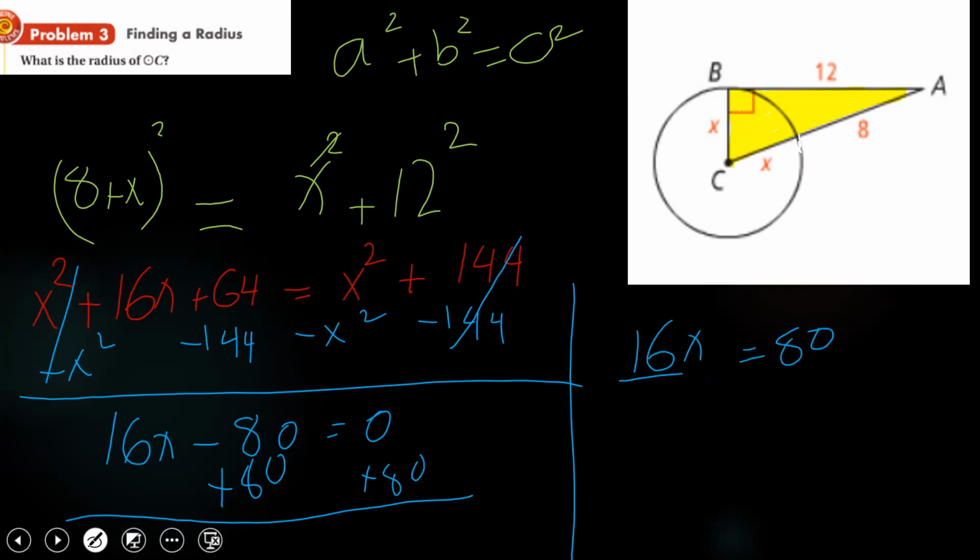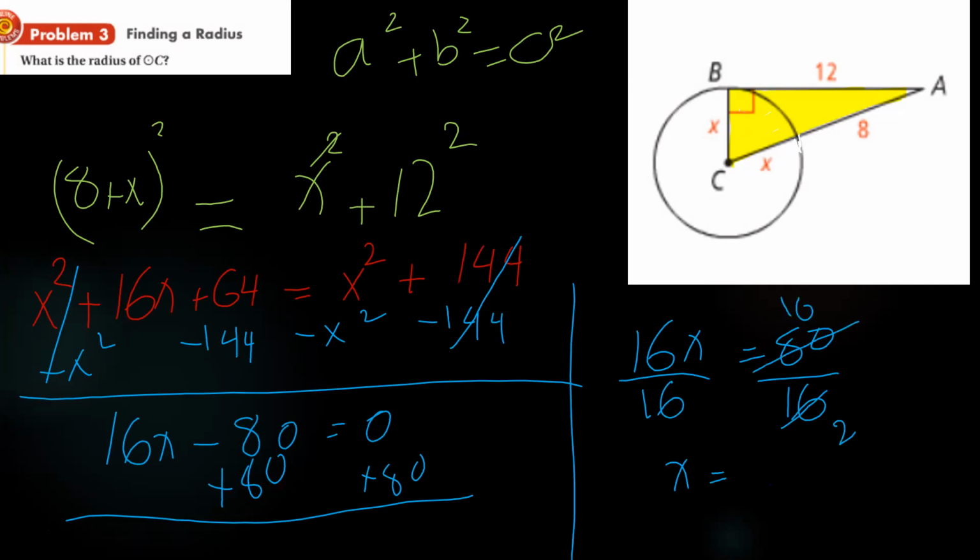Then divide by 16. Divide 80 by 16, x is 5. So the radius of the circle here is 5.